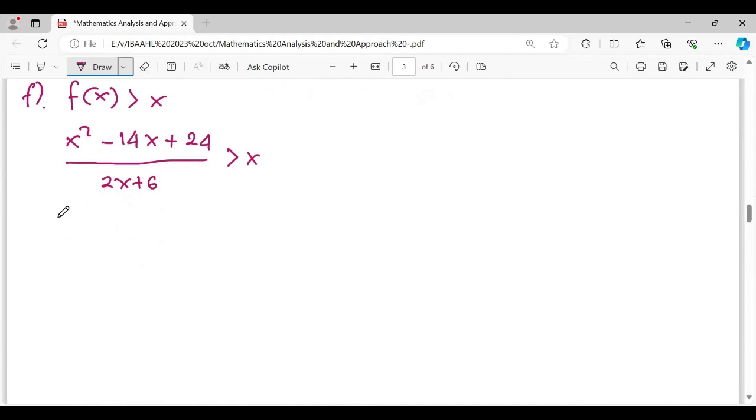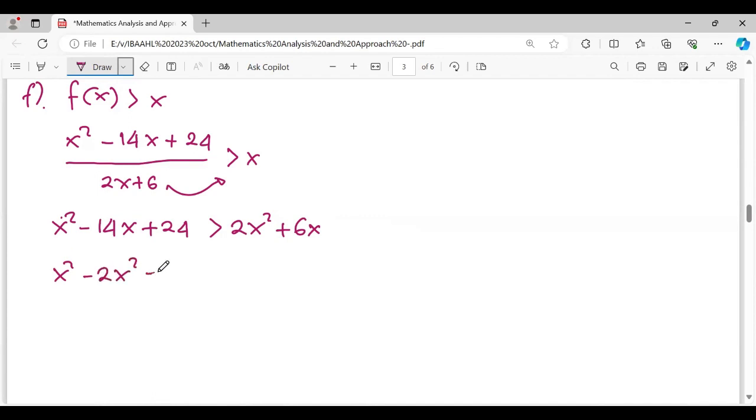So if we multiply, it becomes x squared minus 14x plus 24 greater than 2x squared plus 6x. And we can arrange it like this: x squared minus 2x squared minus 14x minus 6x plus 24 greater than 0.